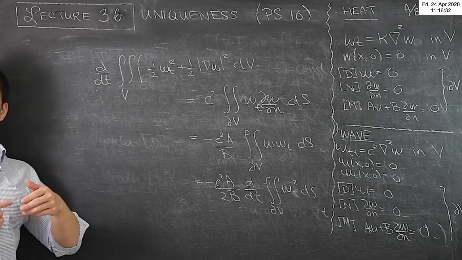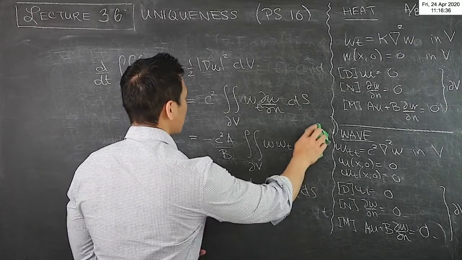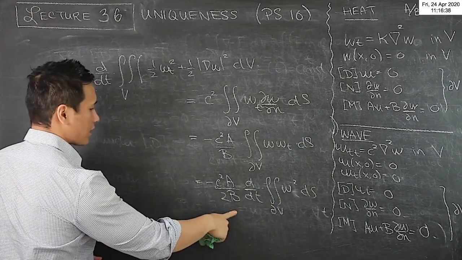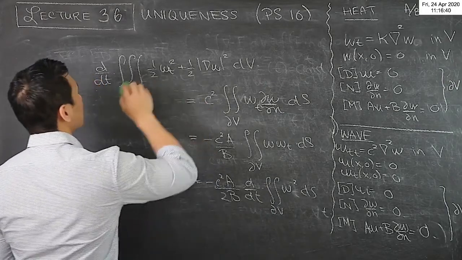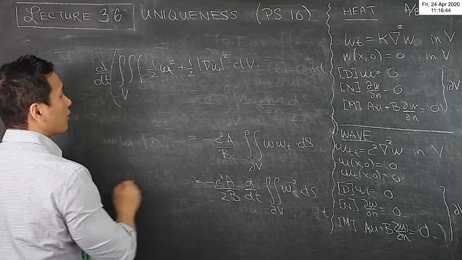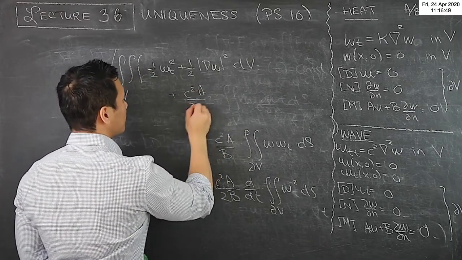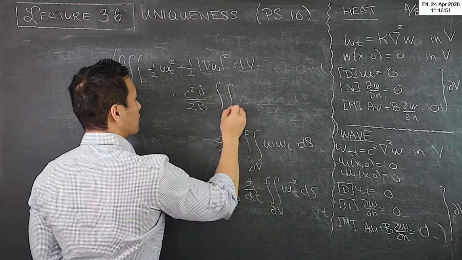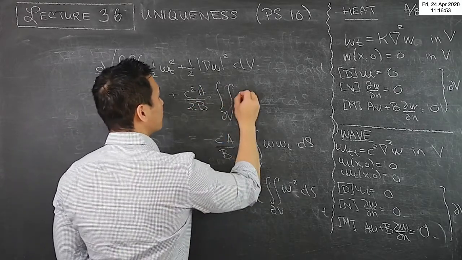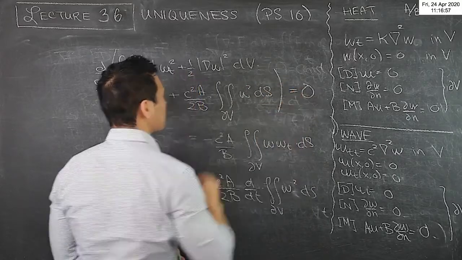And then I'll have a d/dt of something equal to 0. So once you take this right-hand side, move it to the left-hand side, then we have one big d/dt of the energy plus c squared a over 2b times an integral over the boundary of W squared ds is equal to 0.